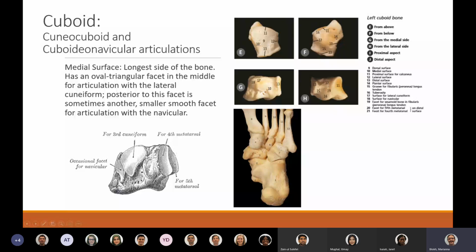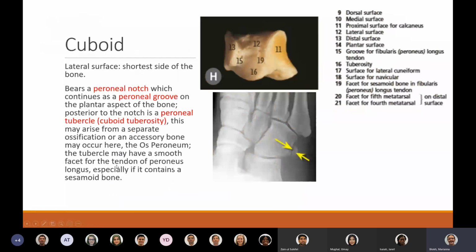If you look at the medial side, this is anterior, this is medial, and the fourth and fifth metatarsal articulation areas are here. There's a large facet medially for the lateral, or third, cuneiform, and then an occasional facet for the navicular. The lateral surface is the shortest side.